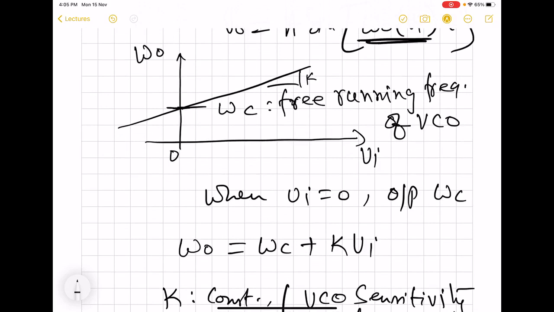We can see that if K is more, then the graph is going to be like this. That means even a slight change in the input voltage will have a large change in the output. But here you can see that the change is only small, this much. But now the change is more. So a higher K implies that the VCO is more sensitive. A slight change produces a large output change.